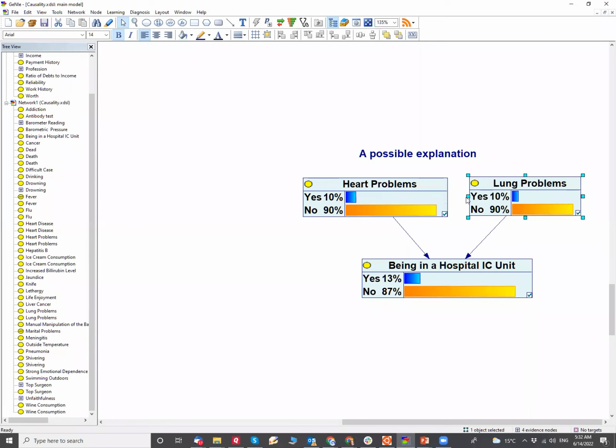The two may be independent of one another. Maybe they are not, but in this model, they are independent. If you collect your data in an intensive care unit, you'll of course observe that both of these are likely, probably more likely than in the general population. But you will observe in your data set that they are very dependent. So you will see spurious dependence that is caused by the way that you collected your data.